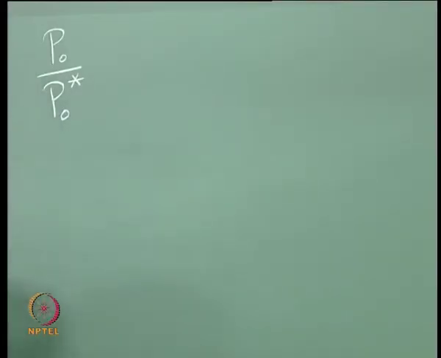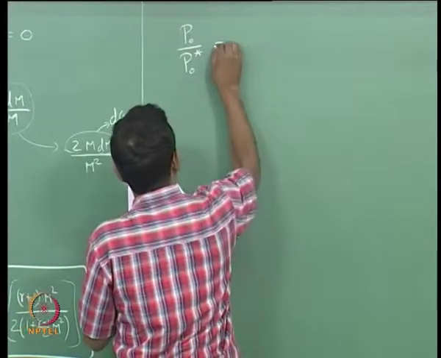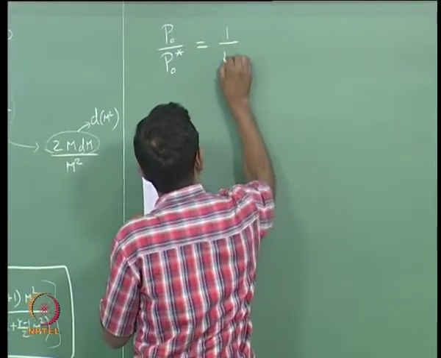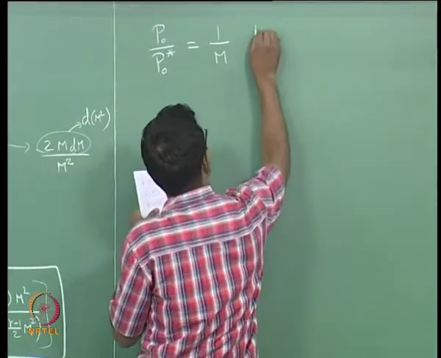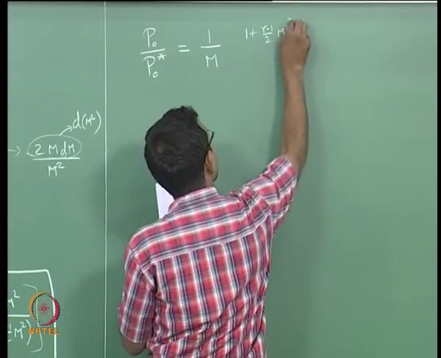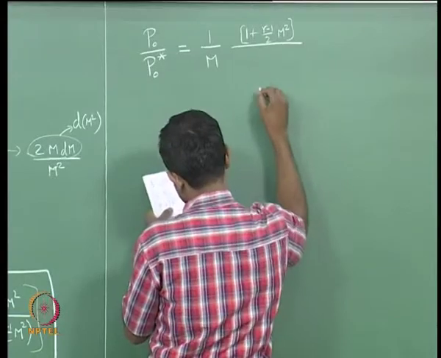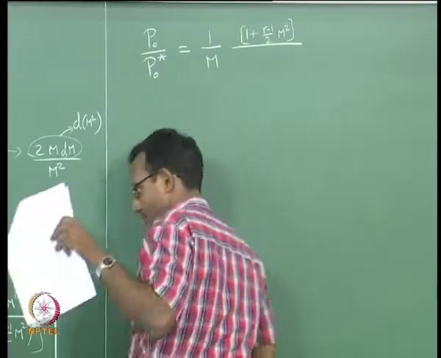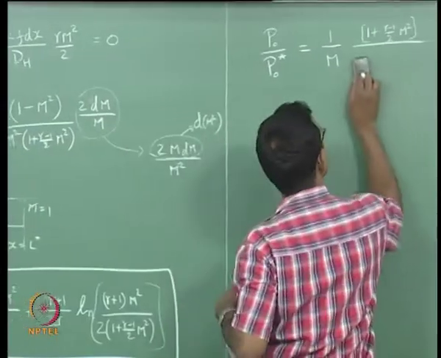So that is this, and during this time it goes from x equal to 0 to x equal to L star, right? And I am expressing that in terms of M. The square bracket should be for the whole thing.